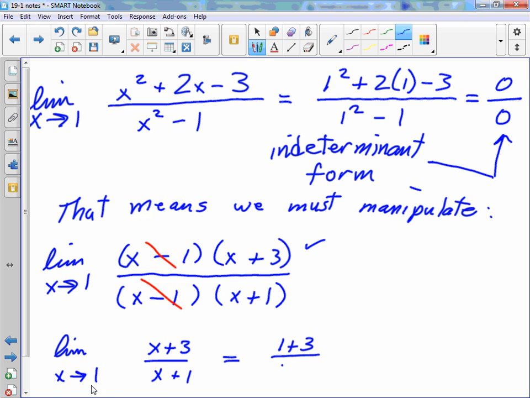That's only when x is approaching infinity, and also only when you have a coefficient multiplying out here. Adding doesn't matter. So that equals 4 over 2 equals 2. The limit is 2. As x approaches 1, y approaches 2.